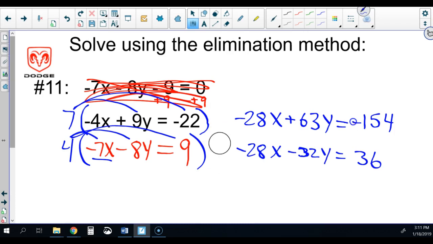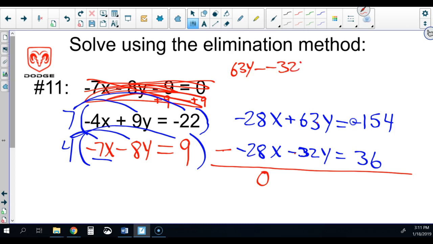So I'm going to eliminate the x now. They are the same sign. I know I can't add because negative 28 plus negative 28 doesn't cancel out. So adding is not the way to go. I'm going to have to subtract. So I have negative 28 minus negative 28. That gives me 0. 63y minus negative 32y turns into plus 32y.